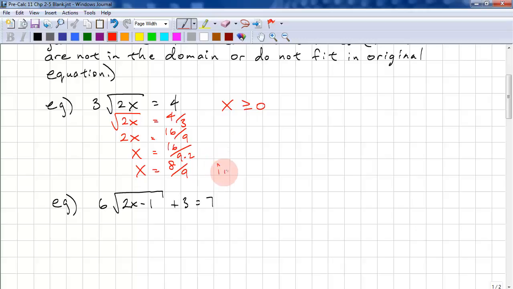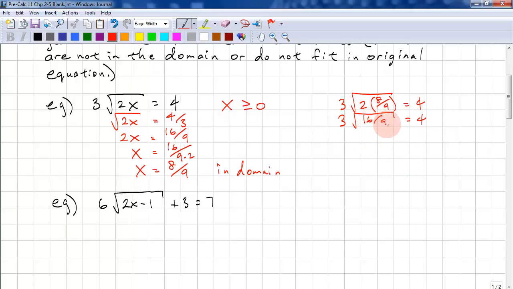This is in the domain, but let's check this in the original equation. 3 root 2 times 8 over 9 equals 4. 3 times square root 16 over 9 equals 4.